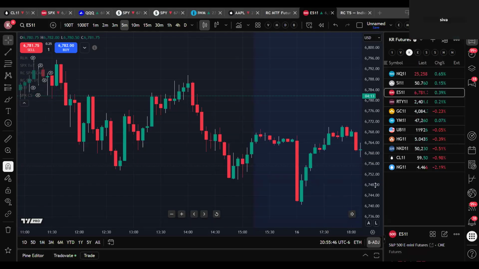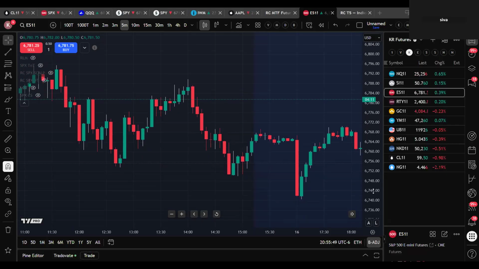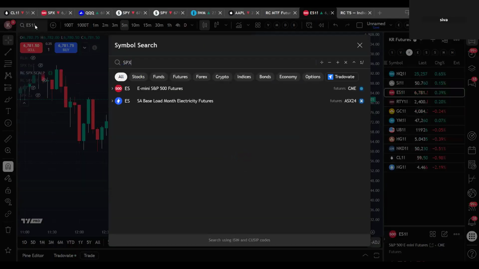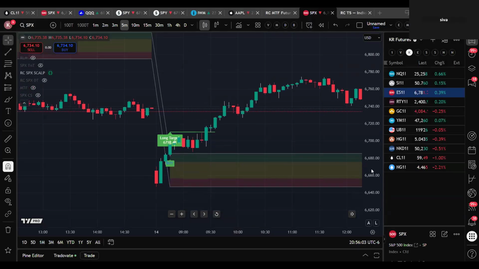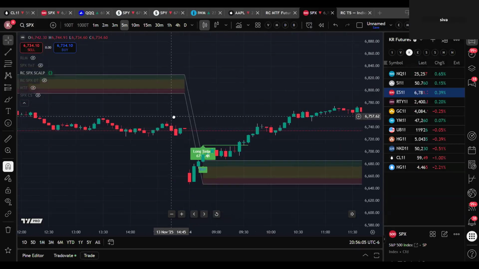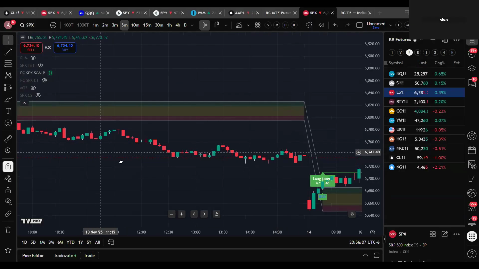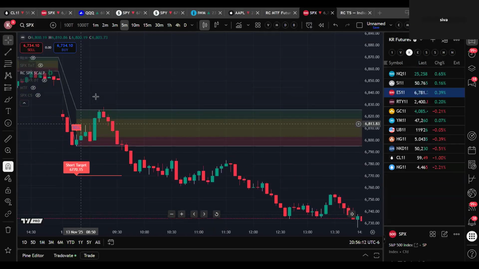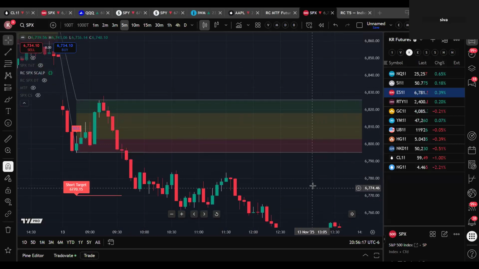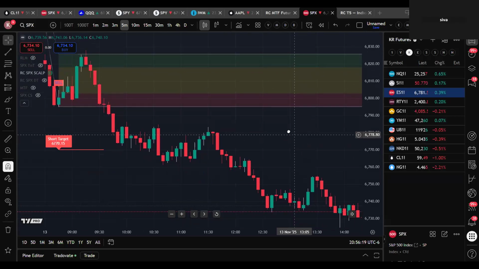But that day on SPX scalp, the new indicator was showing correctly. This is the 14th. Here it was telling short, whereas the SPX CS was telling long.